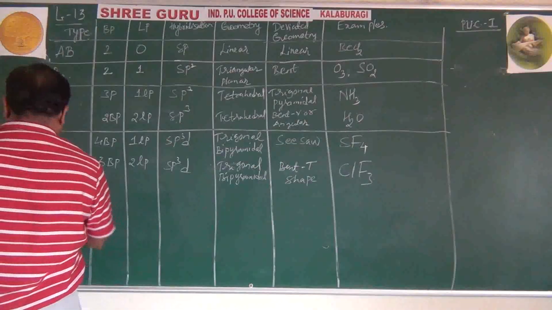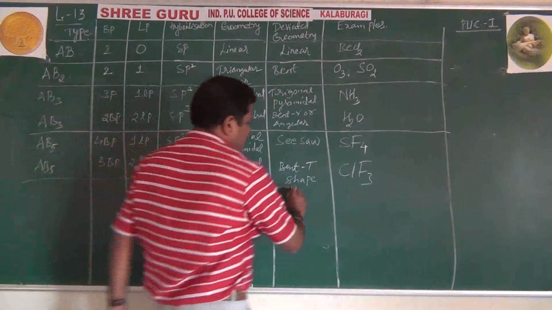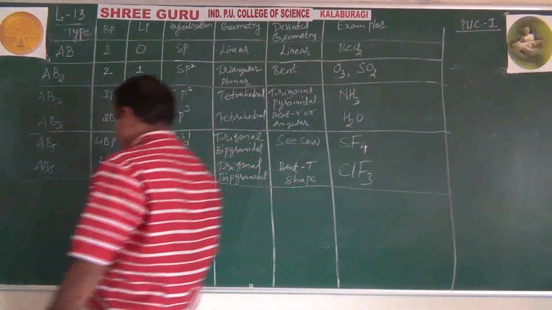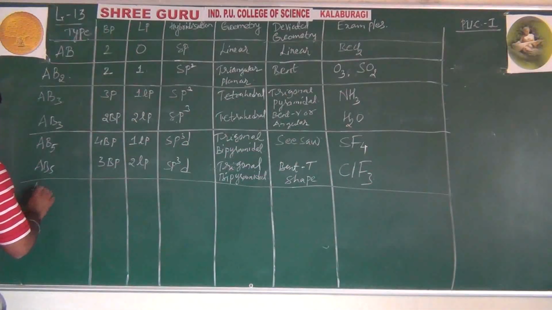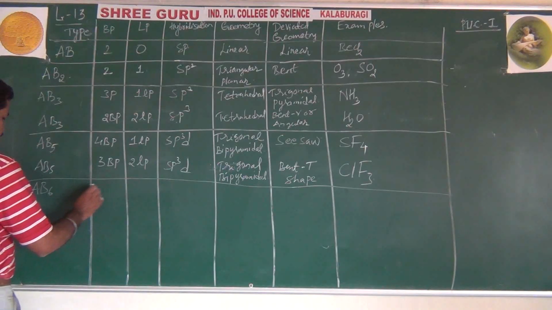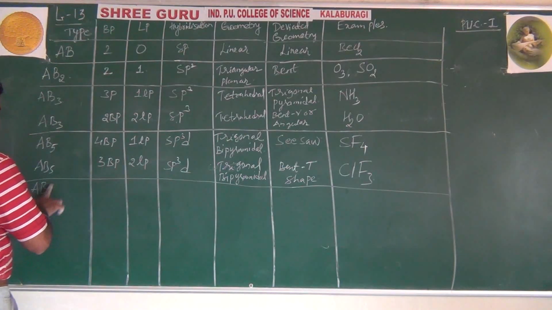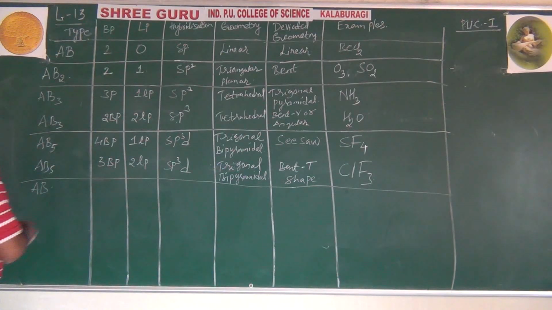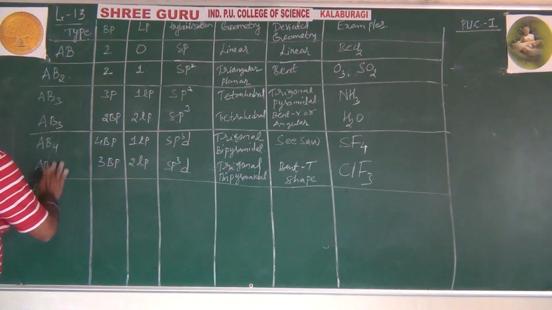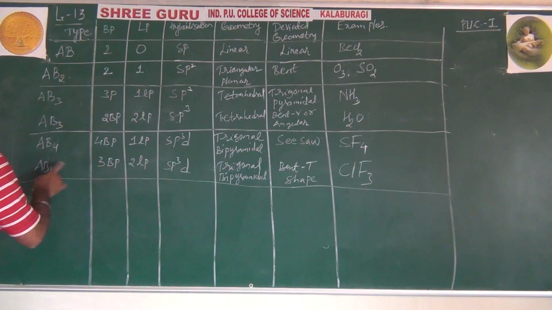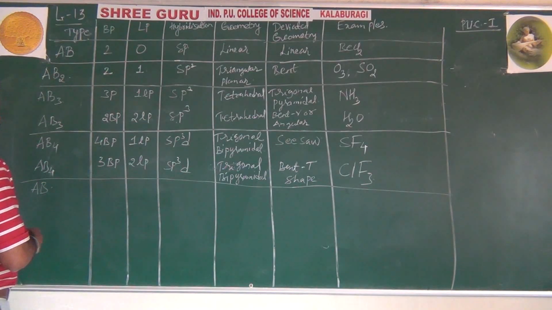And lastly, I will try to wind it up. Sorry, this is AB4, four bonding, 3 lone pairs.